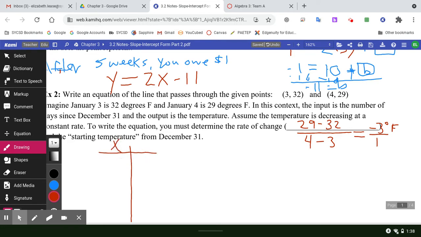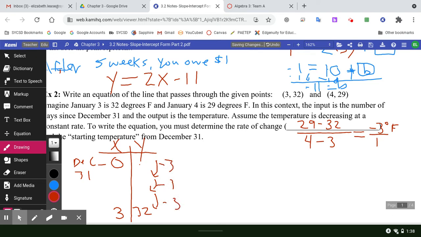I'm going to show what this looks like using a table. Again, on January 3rd, it was 32 degrees. December 31st would be represented by x equals 0. So we know that the temperature decreased 3 times between January 3rd and December 31st, but it decreased by 3 degrees each day.